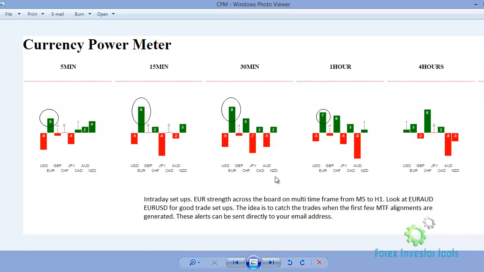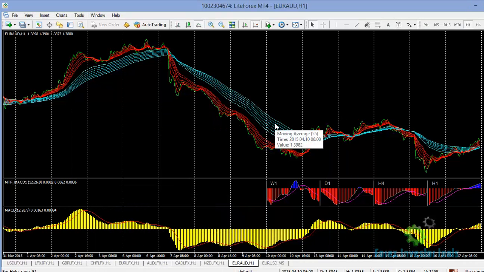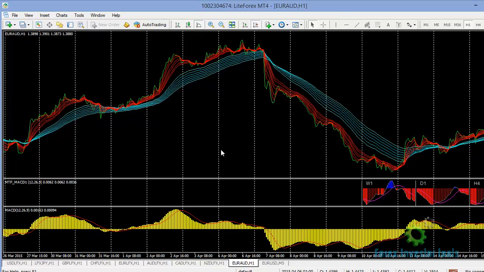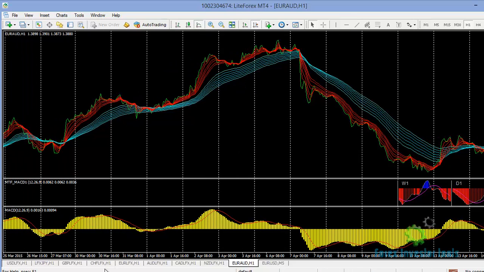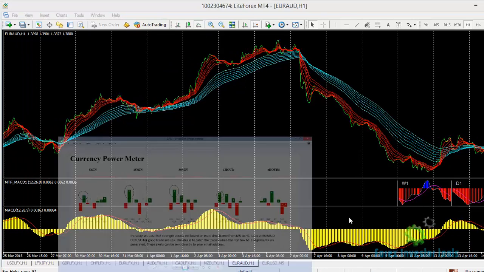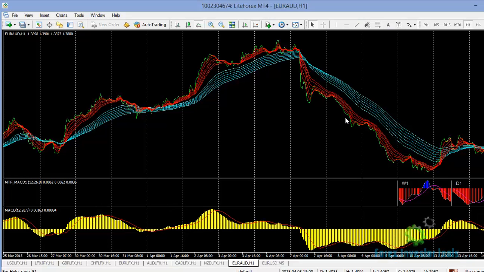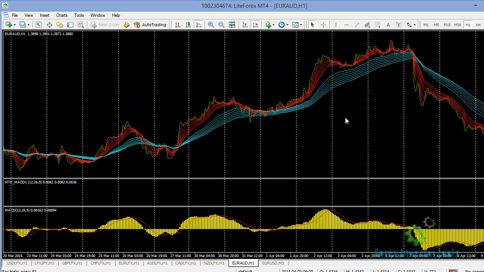I have uploaded this on the thread, so you can see it. Now here, as you can see, Euro strong, I don't remember the date exactly, but this is Euro strong, AUD weak. So let's say we can use this part of the chart, never mind.